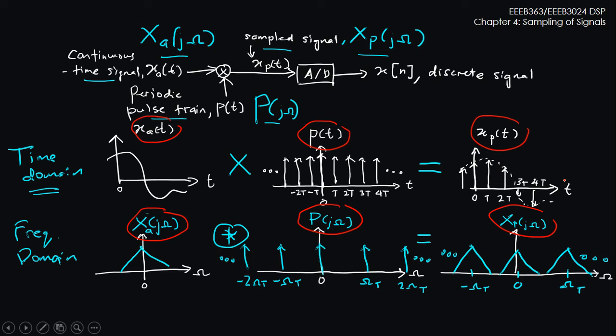Okay. So these are views in the time domain as well as the frequency domain. And signals in the frequency domain are also known as spectrum, related, of course, by the continuous time Fourier transform.